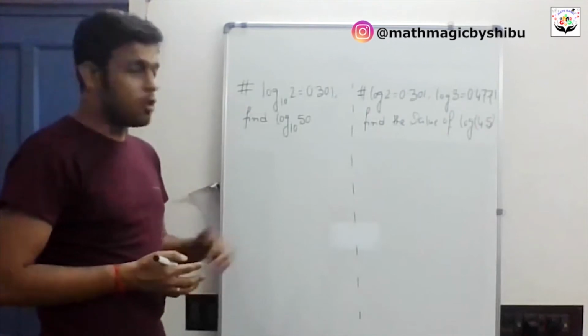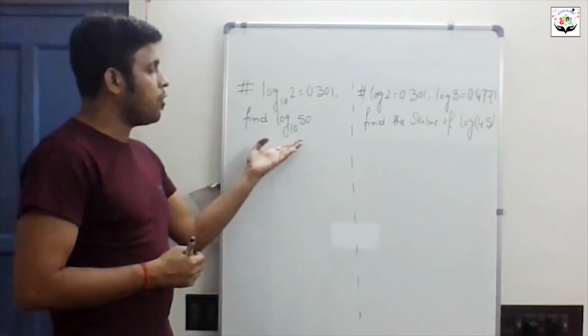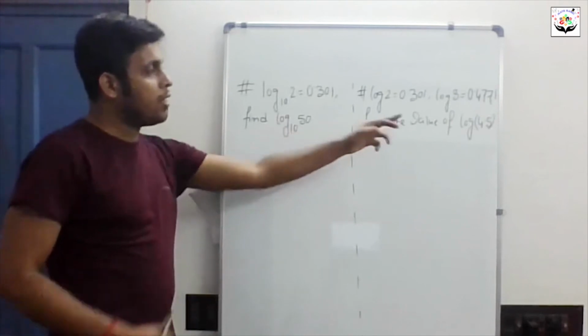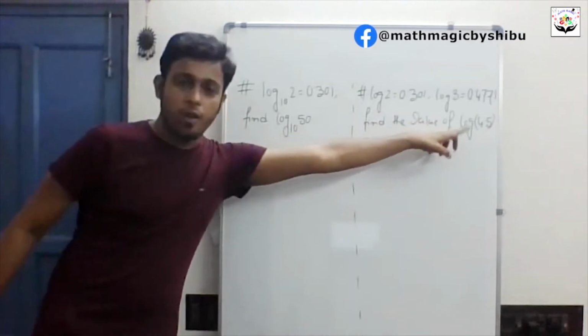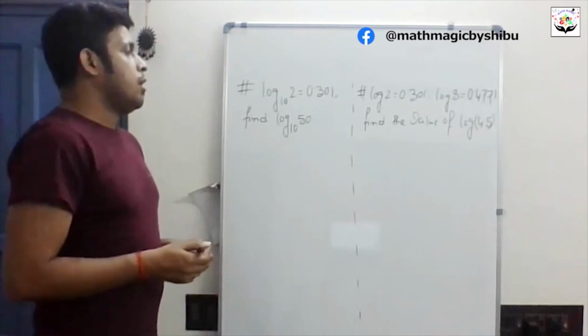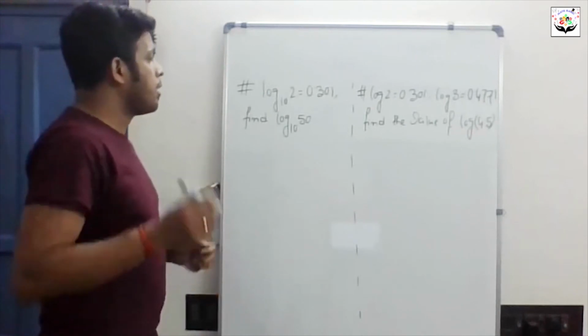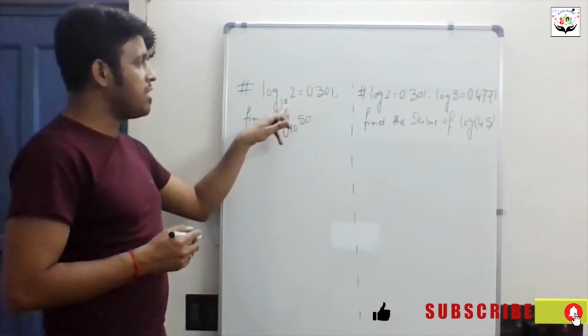So our next two problems are these. We will try to find the value of log base 10 of 50 and log 4.5. This is not log 4 into 5; this is log 4.5. Now, we already have the value of log 2 base 10.